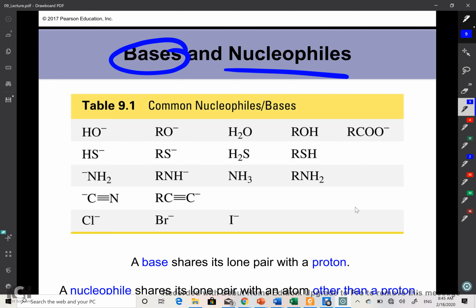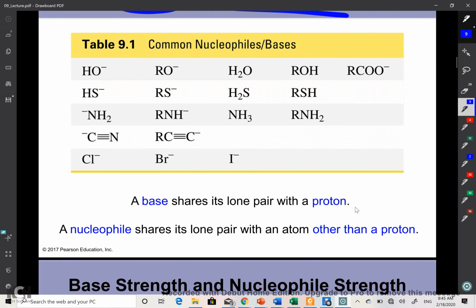Does that make sense? If you are rich in electrons, and the only thing you know how to do in life is to remove a hydrogen, then we'll refer to you as a base. And if you are rich in electrons, and the only thing you know how to do is to connect with other things except a proton, except a hydrogen, then we'll refer to you as a nucleophile.